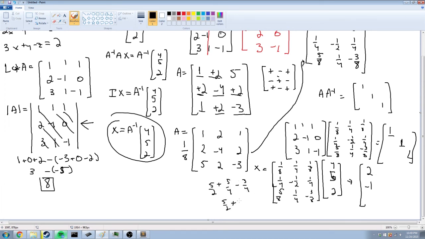So 5/2 plus, so that's 3. So then that means x would be the first one here, which is 2, y equals negative 1, and z equals 3. So then 2, negative 1, 3, and solution set. That's it.